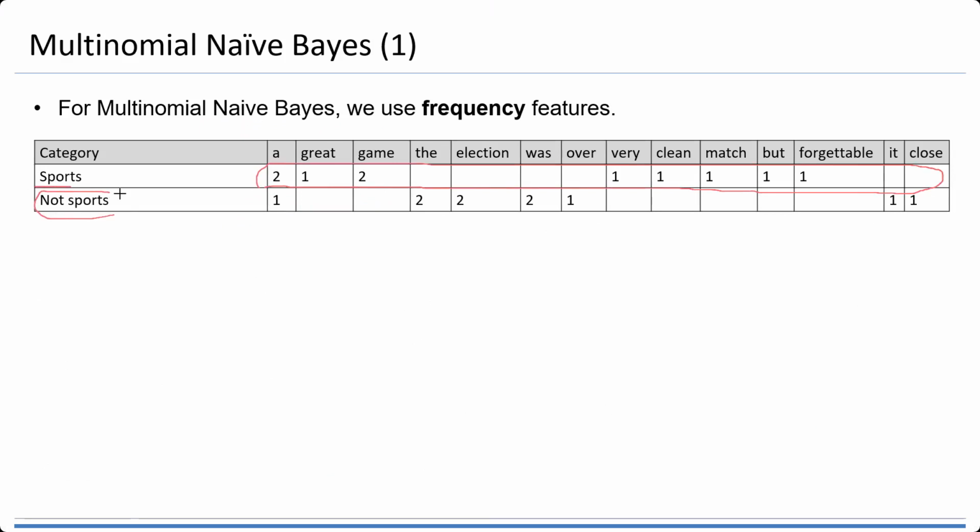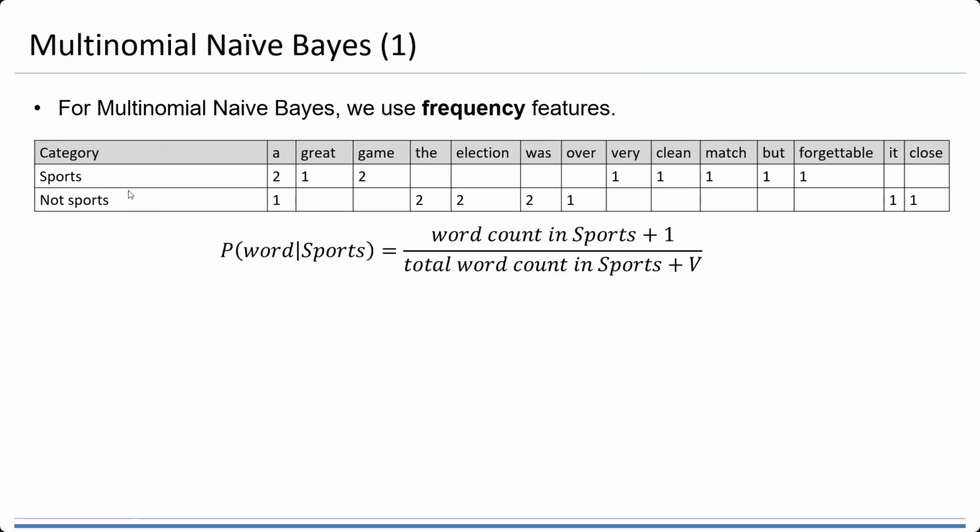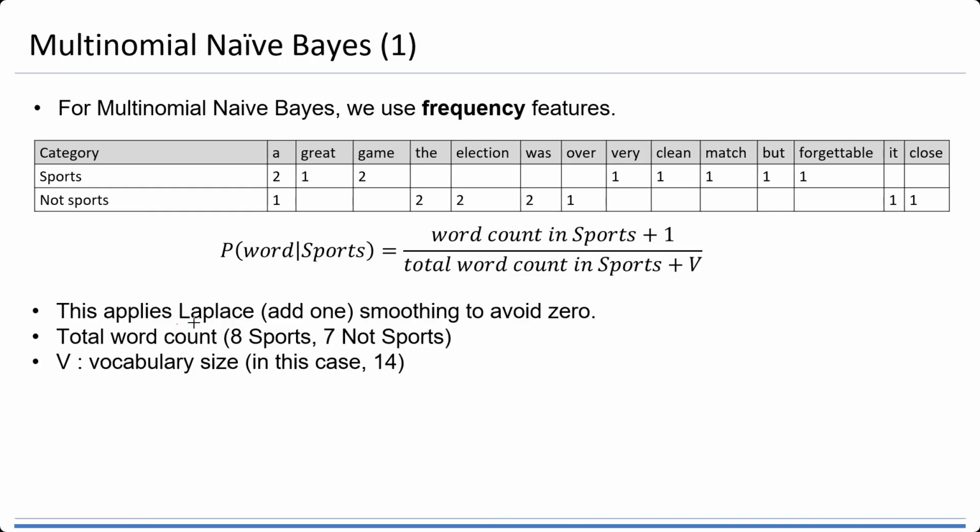What about not sports? We also group based on not sports. After we group based on sports and not sports, we can use the probability that we already learned before. Let's say we are using Laplace. Remember the previous algorithm for doing the text representation: we can have smoothing.